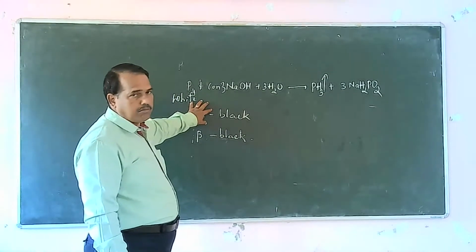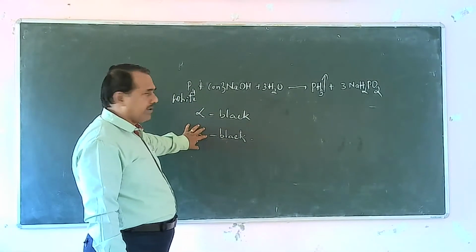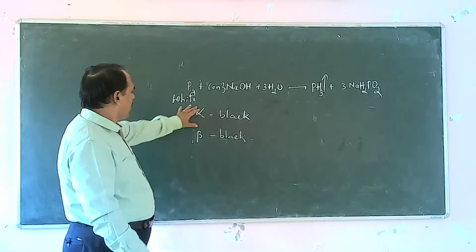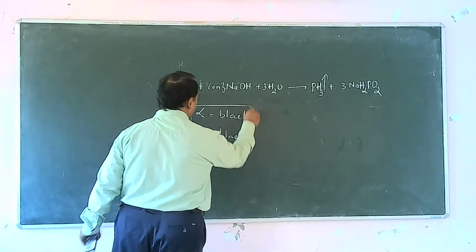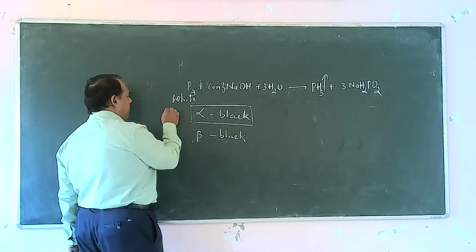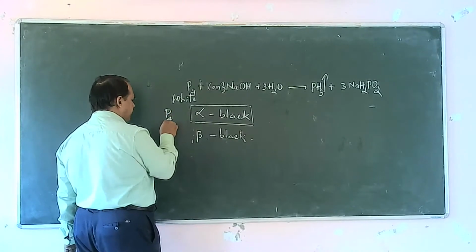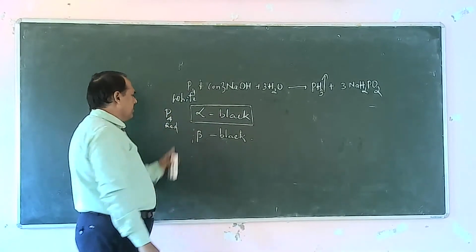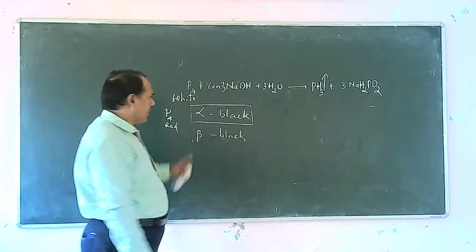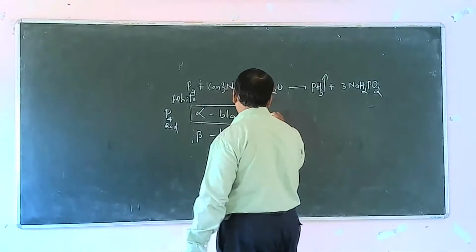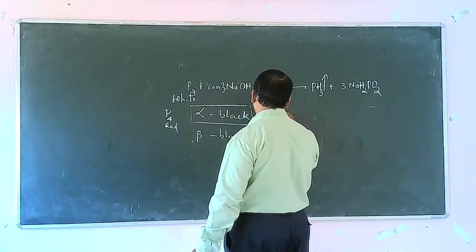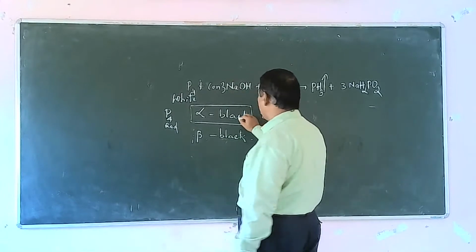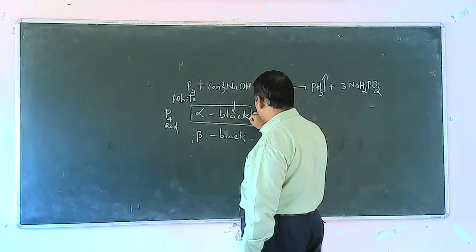Alpha black phosphorus is obtained by heating red phosphorus at nearly 803 Kelvin temperature. So you will get alpha black phosphorus.